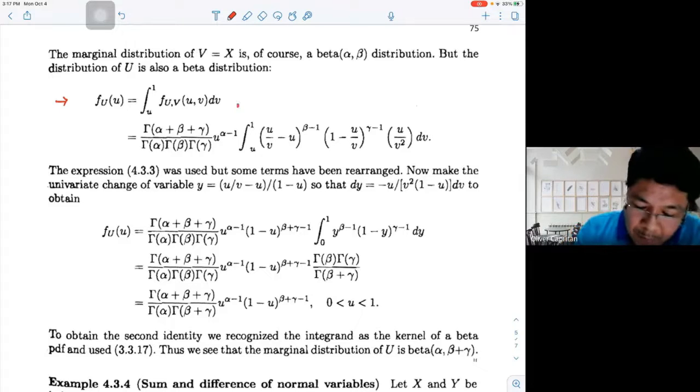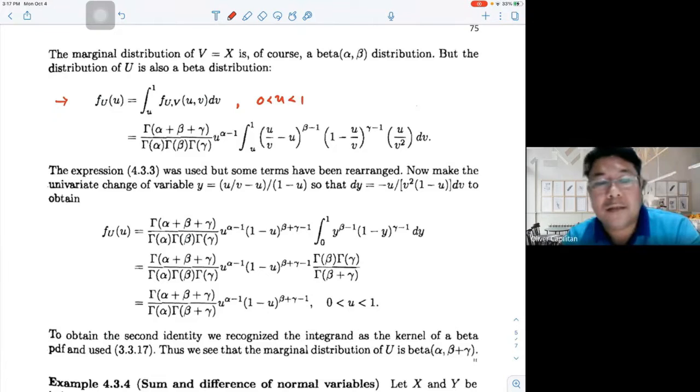And the value of U here would be between 0 and 1.